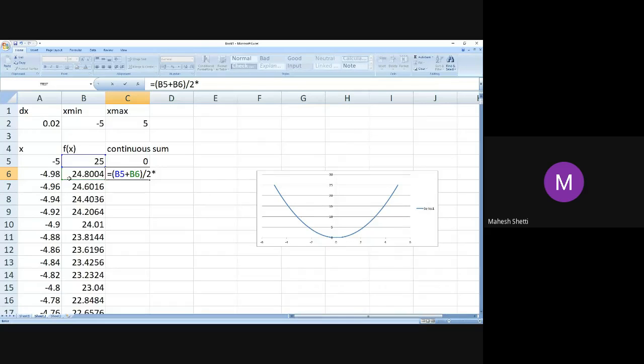Okay, see what I'm doing is in the next cell I'm doing a continuous sum. So this value y1 plus y0 divided by 2 multiplied by $A$2, delta x, and I go on adding this, apply this to the last cell.